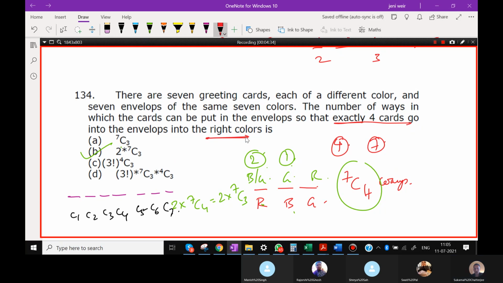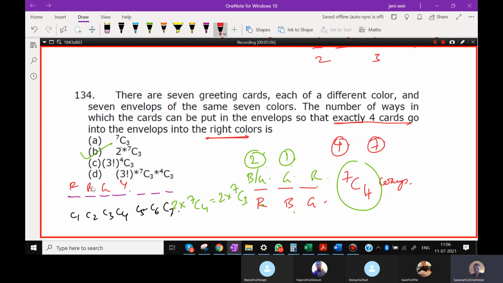That means, suppose these are red, blue, green, yellow, and there are red, blue, green, yellow in the set of cards as well, right? So I can choose red, blue, green, yellow in only one way and put them in the correct envelopes, right?